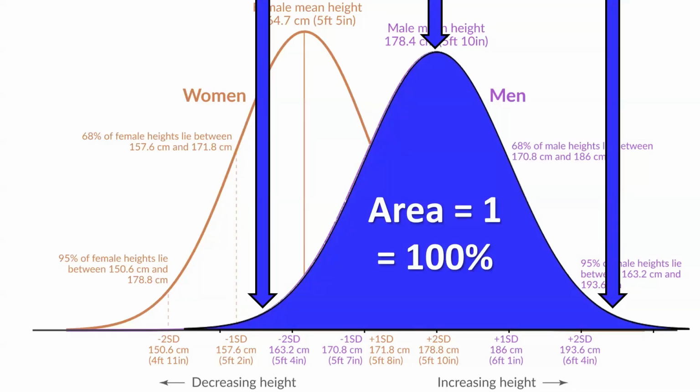And then as you go further and further away from that mean, the frequency with which those heights are represented in our world gets lower and lower until you get to really extreme heights, which are very, very rare. And again, that's represented by the curve of this normal distribution.